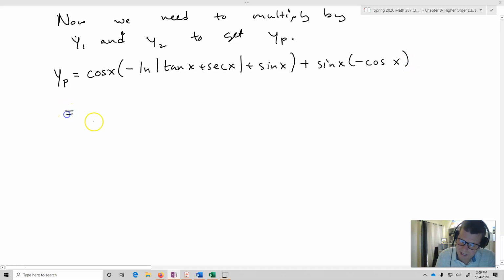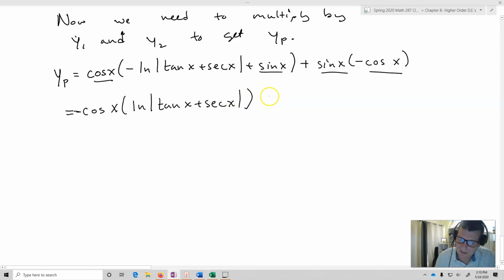And this will thus equal, well, the cosine x sine x and the sine x cosine x will end up canceling each other out. So this will end up giving me negative cosine x ln of the absolute value of tan x plus secant x.